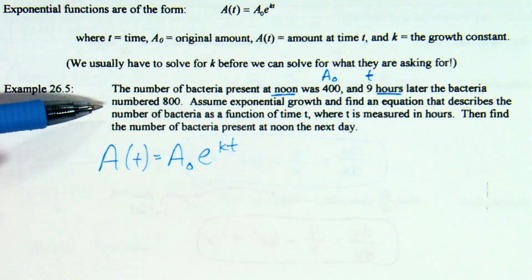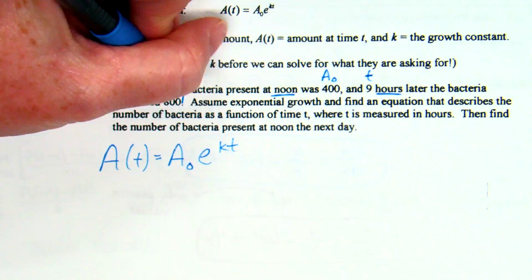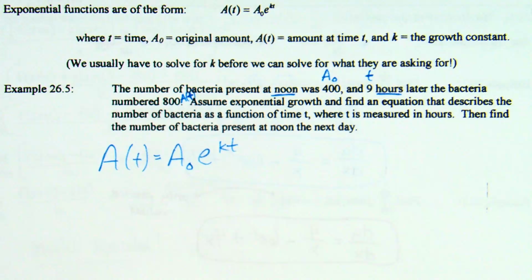What is that? That's A of t, because that is the amount at time t. So at 9 hours, when t is 9, then A is 800. So that is what we will use for A of t. Assume exponential growth and find an equation that describes the number of bacteria. So, fill in what you know, guys.